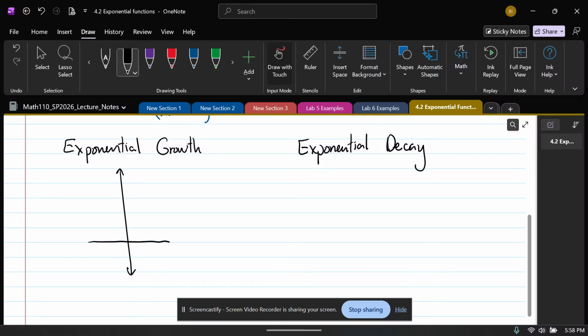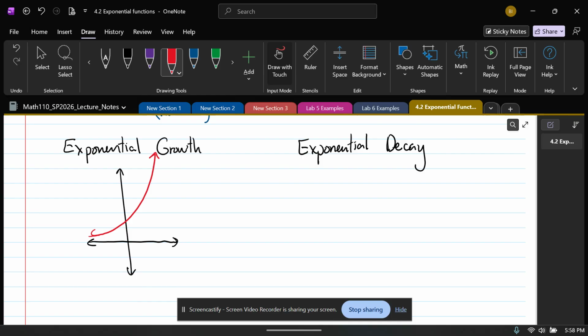So I'm drawing my coordinate plane, more in the upper first and second quadrants. Exponential growth does look something like that, where it goes up really fast. Doesn't go to the right really fast, but it goes up really fast.